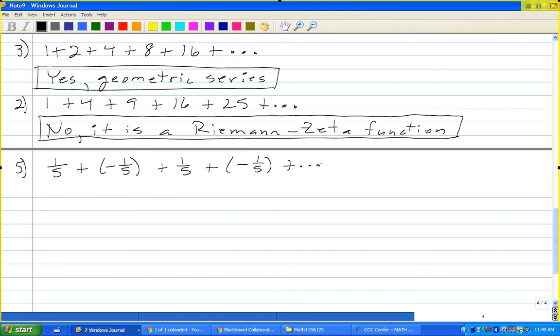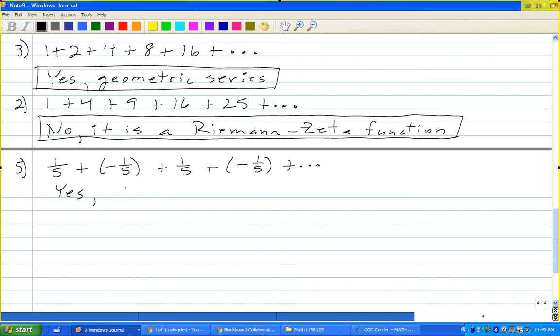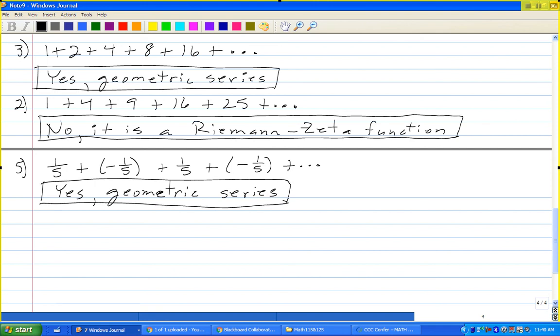Okay, so is this a geometric series? So the answer is yes, because this is a geometric series. To go from 1/5 to negative 1/5, multiply by negative 1, again multiply by negative 1, positive 1/5, multiply by negative 1, negative 1/5.